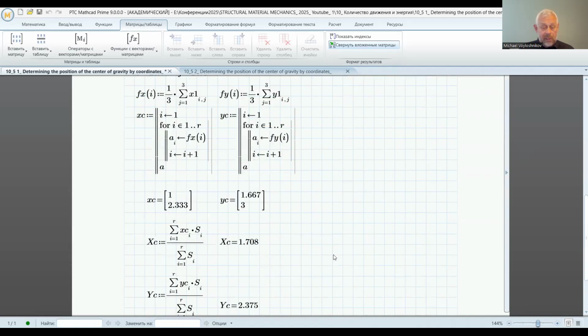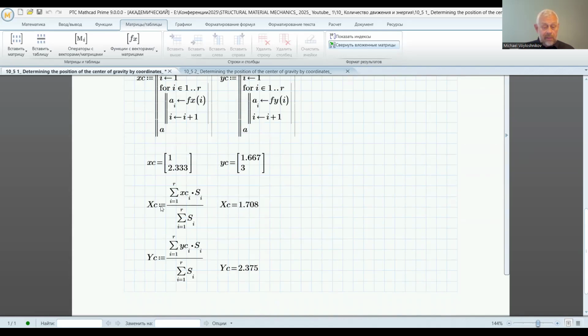The abscissa of the complex center of the area is equal to the ratio where the numerator is the total of static moments relative to the ordinate axis. If we find the ordinate, this is the static moment relative to the abscissa axis. And we divide this by the area. The area formula is here.